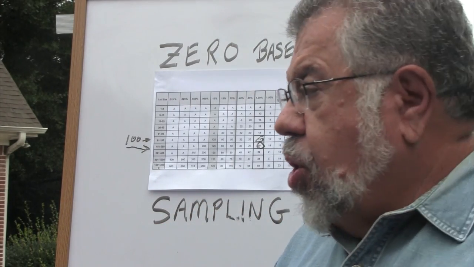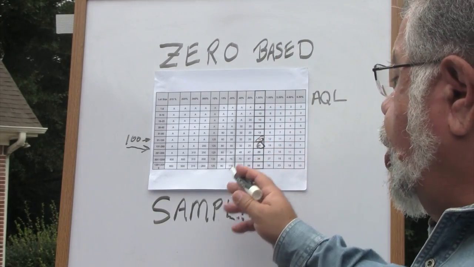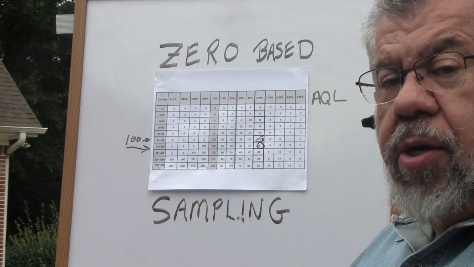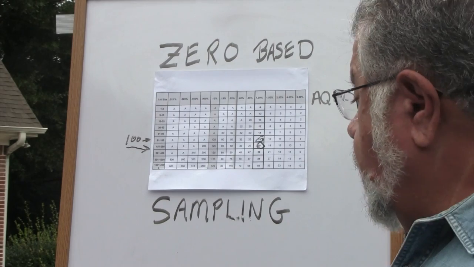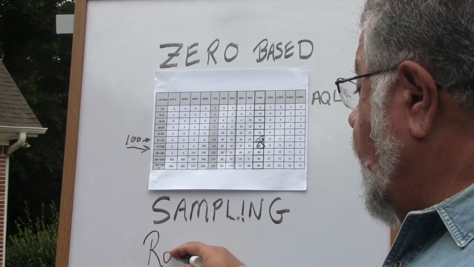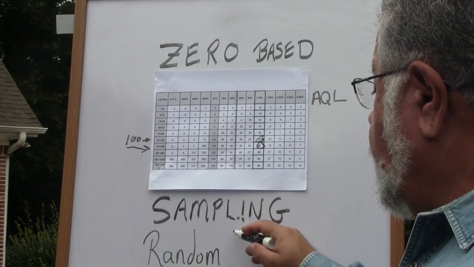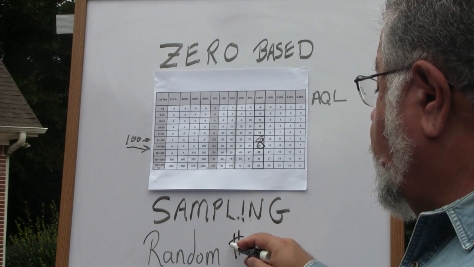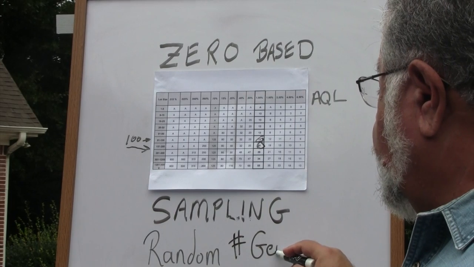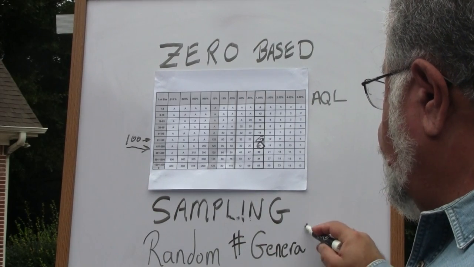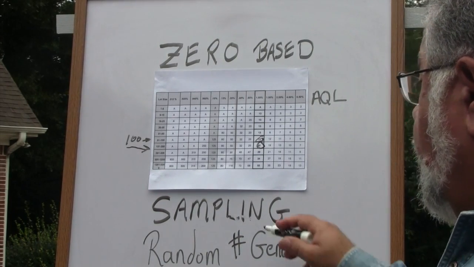All right. So we use a random number generator, and this is important to understand because a random number generator is the key for the operational curves in this sample plan to work. So random number generator. All right.